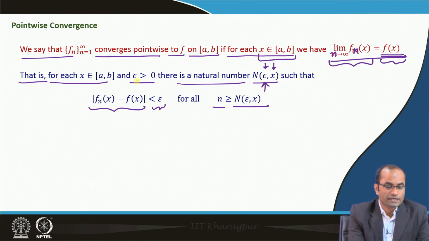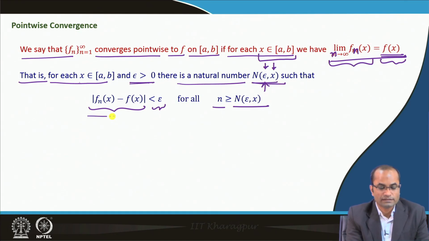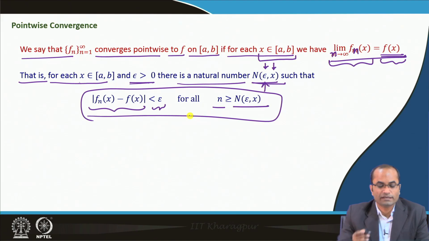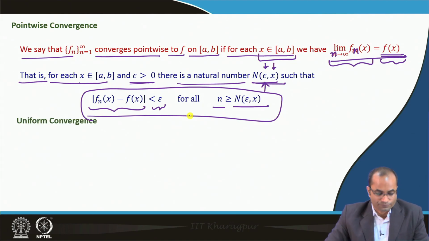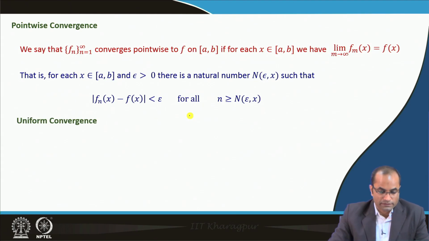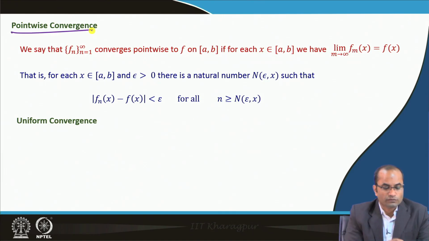So, if for each x and epsilon there is a natural number N such that this relation holds for each n greater than N, then we call it pointwise convergence.